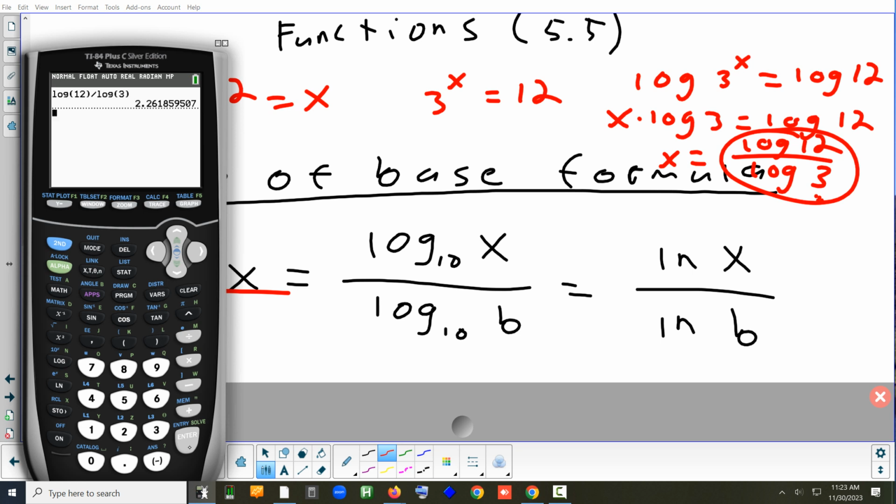Now what's the other way I said you could type it in and it should come out exactly the same? The ln, yeah. If you take the ln of 12 and divide by the ln of 3, you will get exactly the same answer. So I would pick one of these 2 ways to do the change of base formula. I usually do the log 10 rather than the ln, but either way will work.